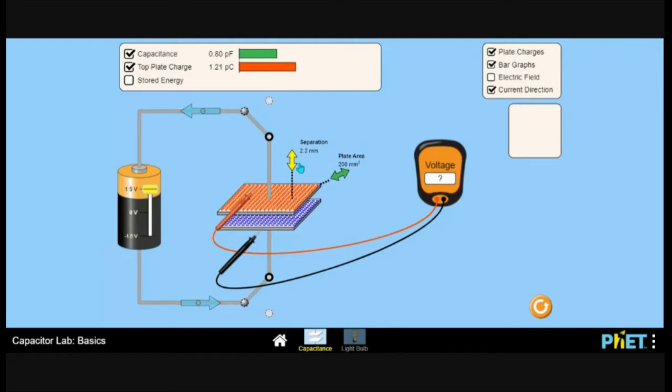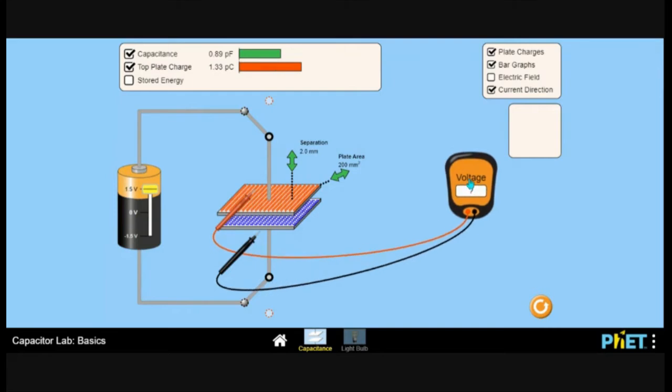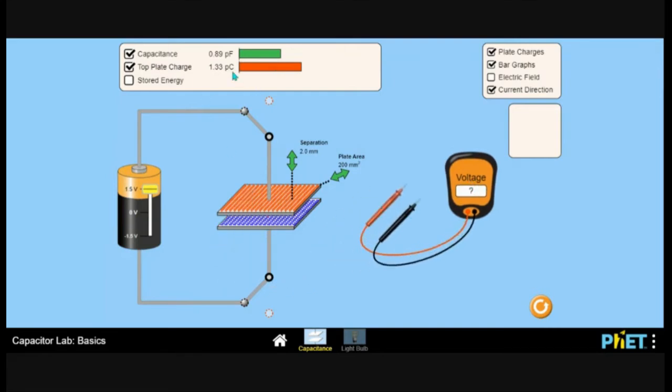Say we have 2 millimeters. The capacitance increased. If the capacitance is increasing, the number of electric charges also is increasing.